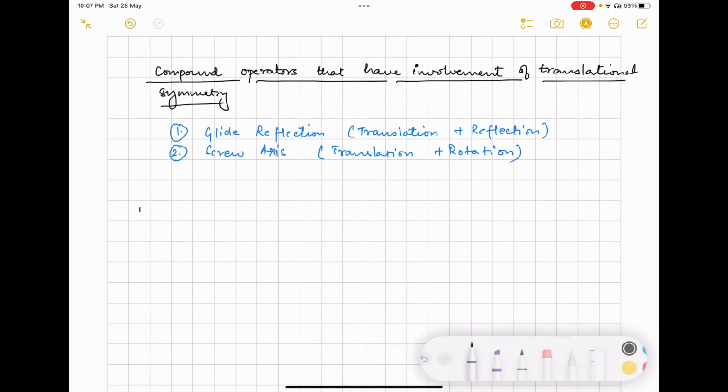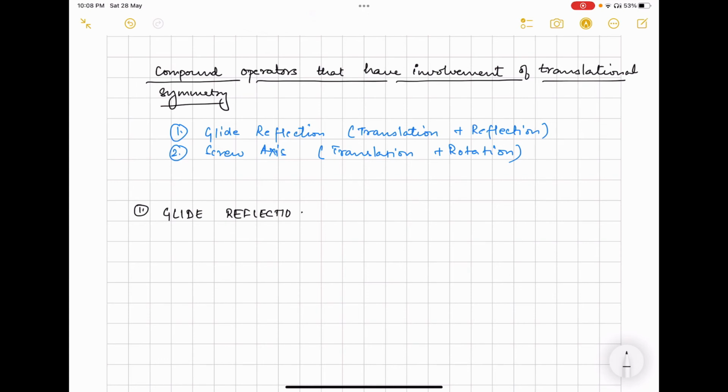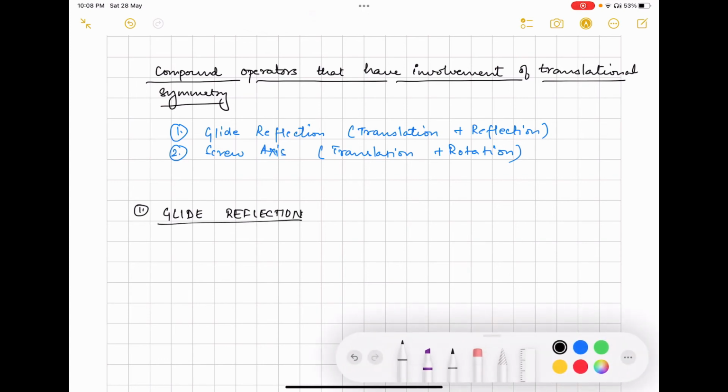Okay, so our first one is glide reflection. So now, what is a glide reflection?